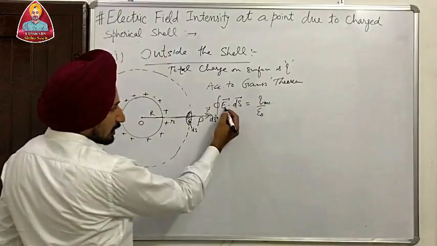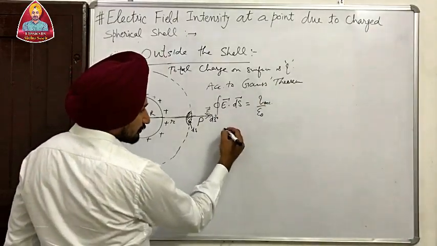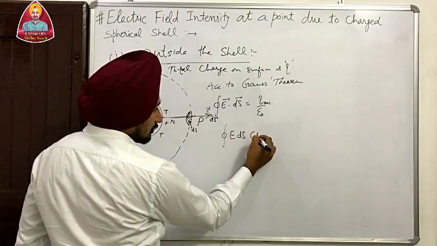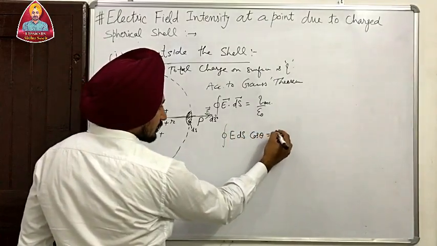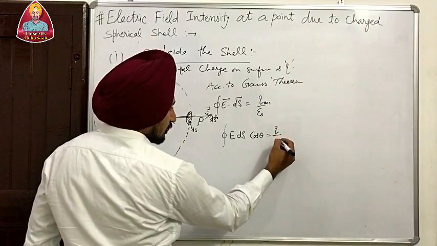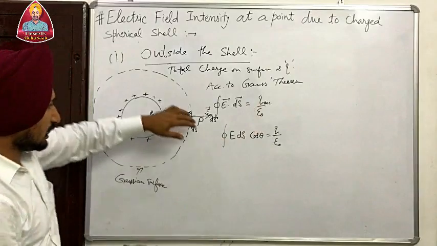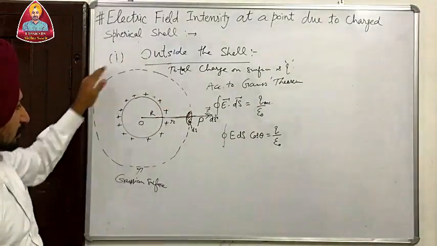So we will put E ds cos theta is equal to q upon epsilon naught, where q is the charge enclosed inside the Gaussian surface.